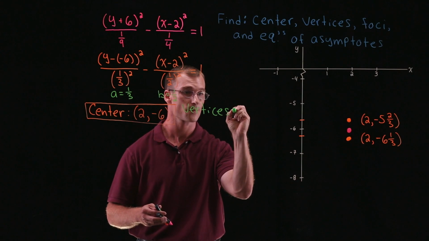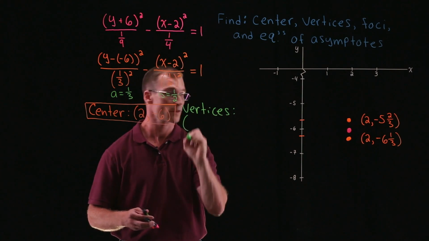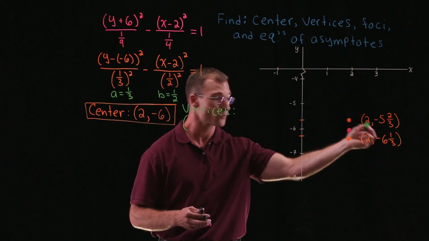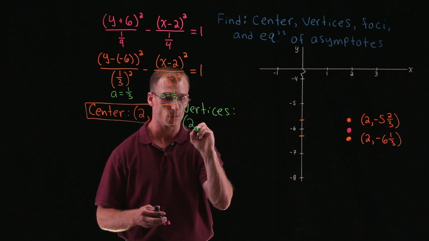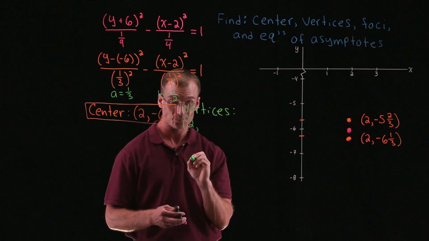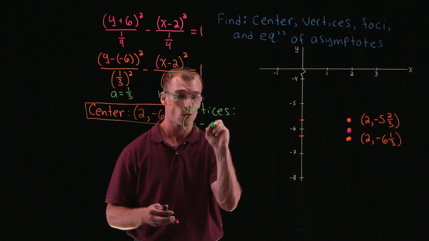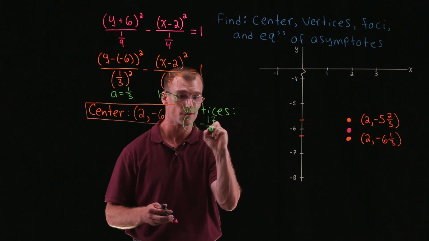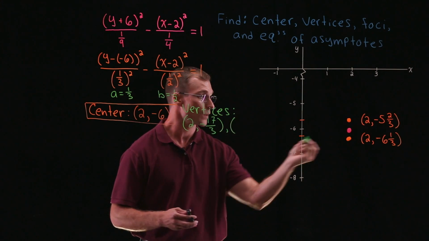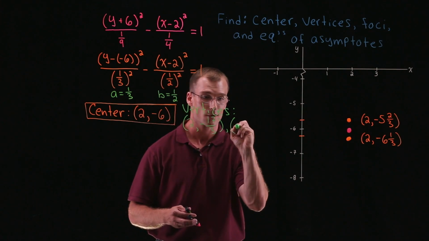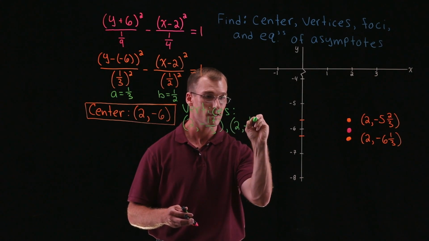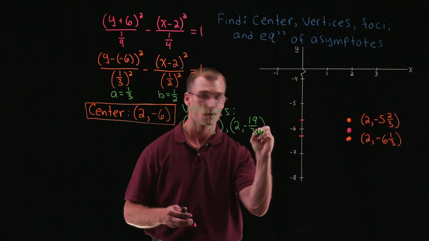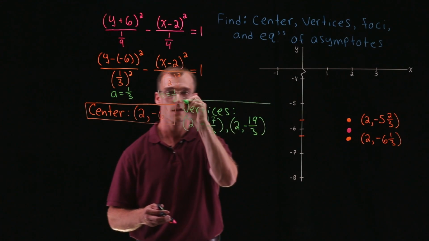So our vertices are going to be at points, and here we're going to write them as improper fractions, so we can write it two different ways: 2 and negative 5 2/3, or negative 17/3, and 2 and negative 6 1/3, or negative 19/3. So there are our vertices.